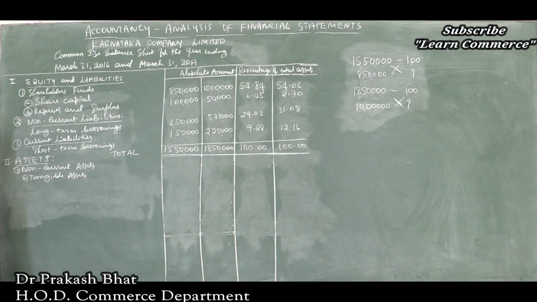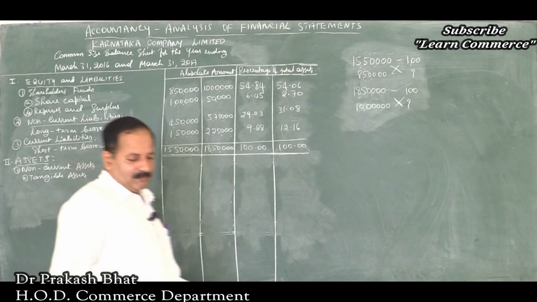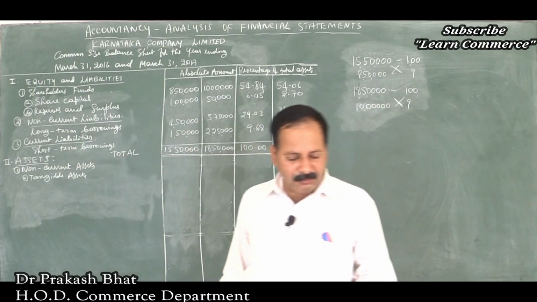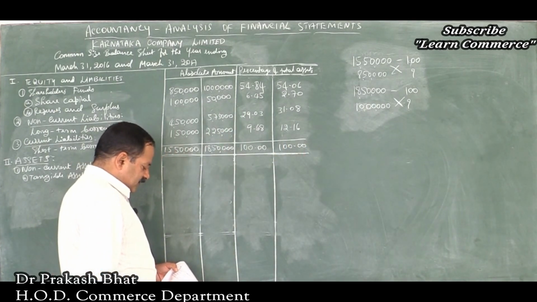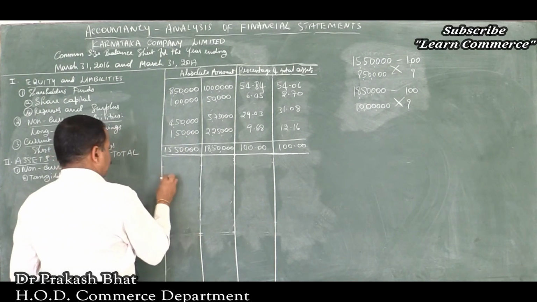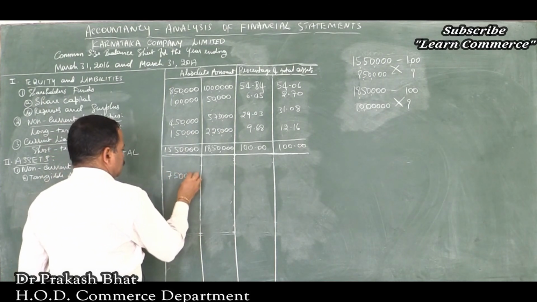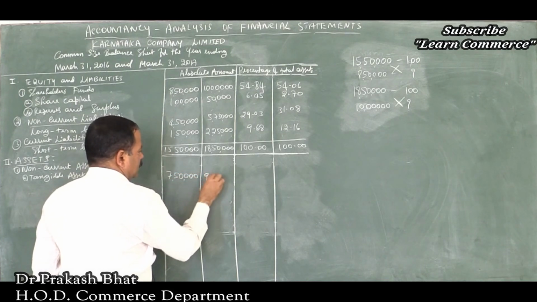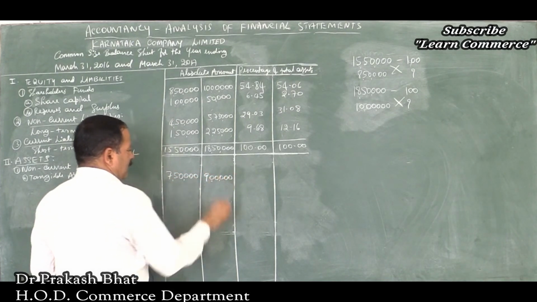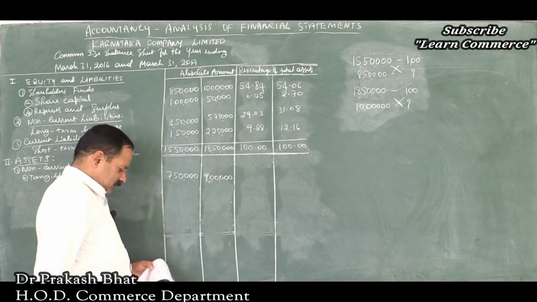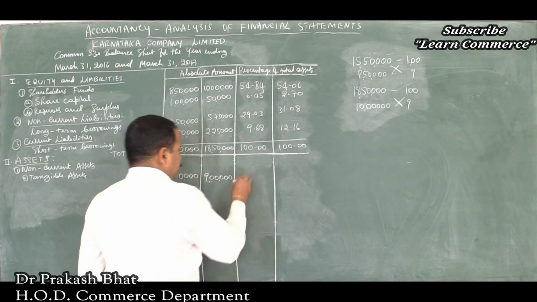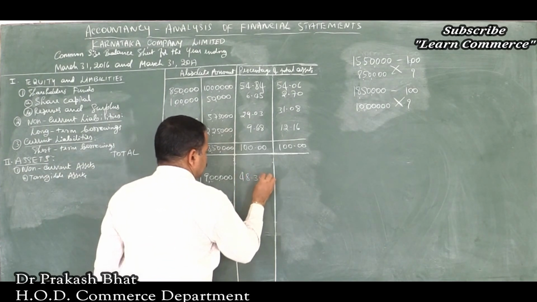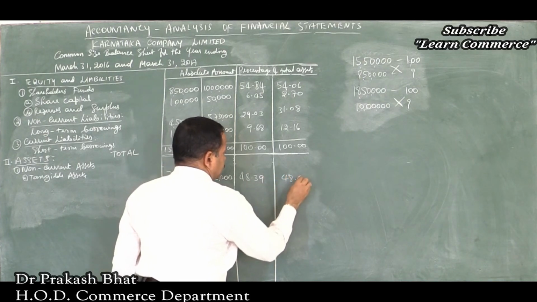Write the amount; tangible assets are straight away given. No need to do any totals. Tangible assets, how much? 7,50,000 and 9 lakh. Percentage 48.39 and 48.65. Correct.